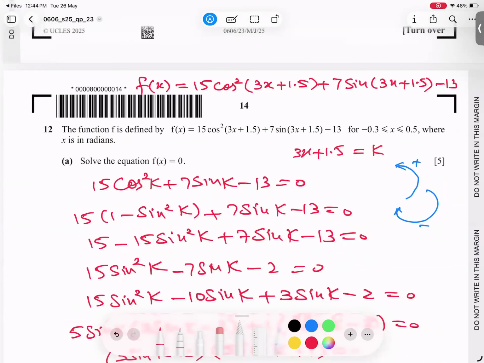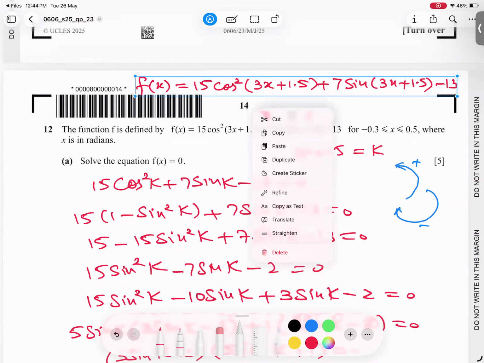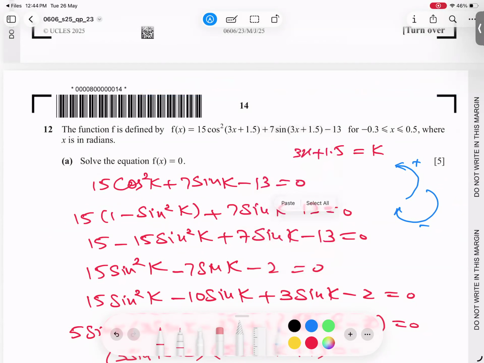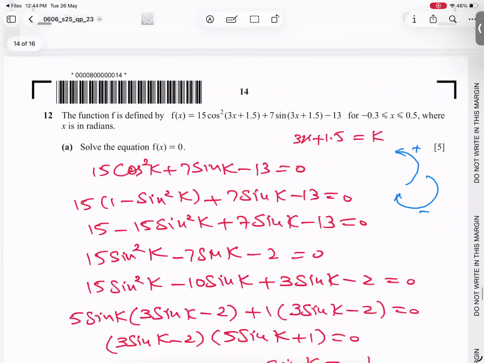So this equation, let me check once again. Yes, this equation I'm going to copy from here. I'm shifting to another page, next page.